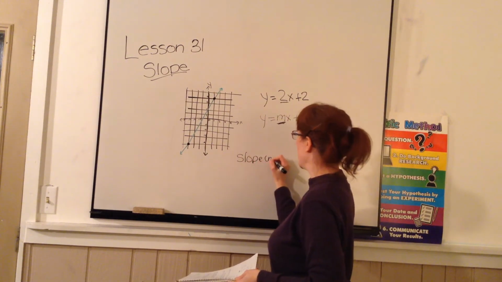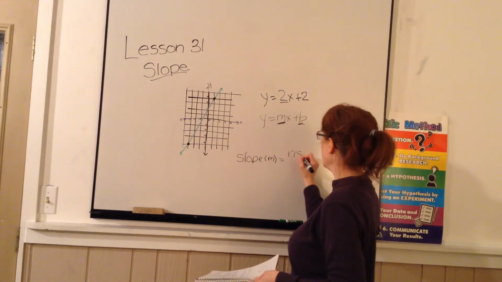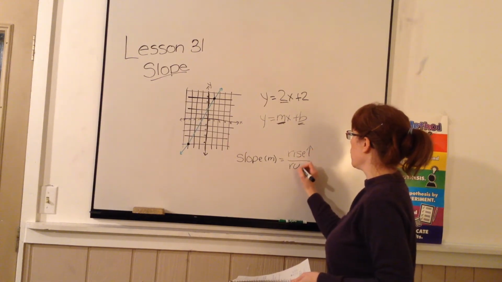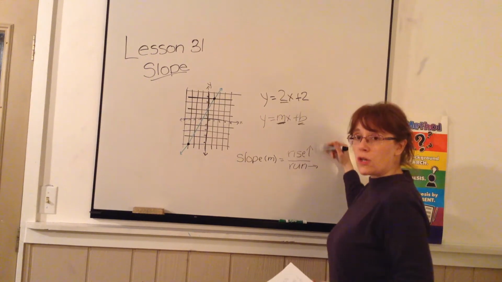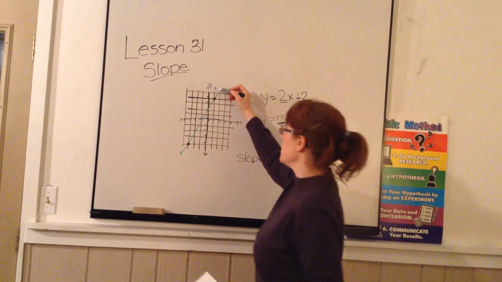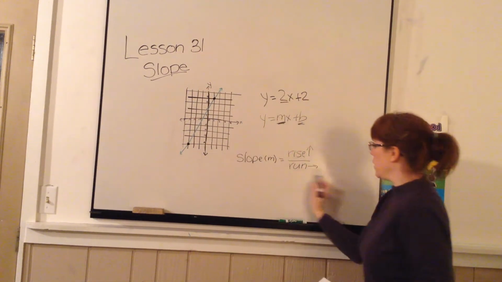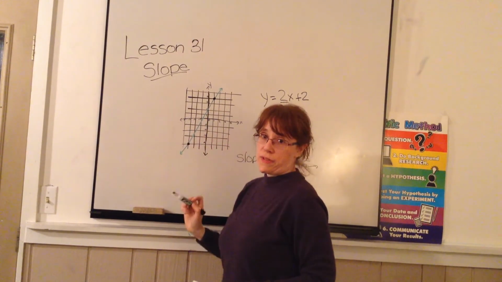Slope, which is the letter m, equals the rise of our graph over the run. The rise goes up and down, just like the y-axis goes up and down. The run is horizontal, just like the x-axis is horizontal.